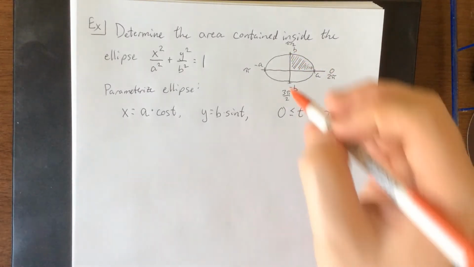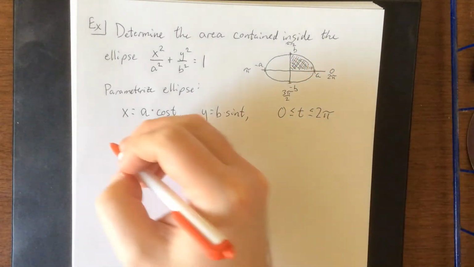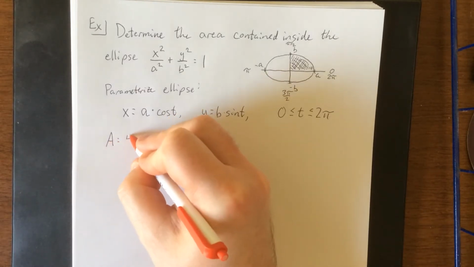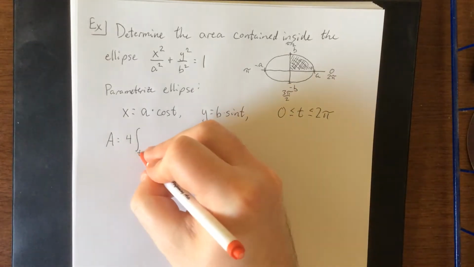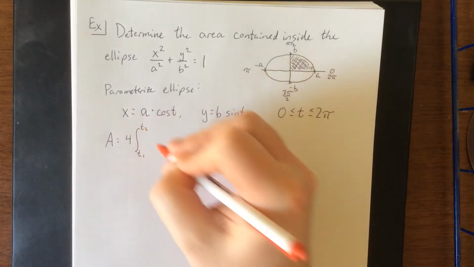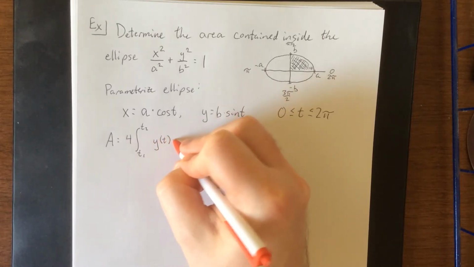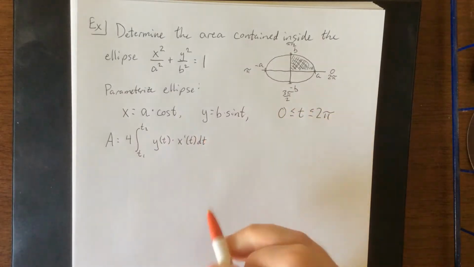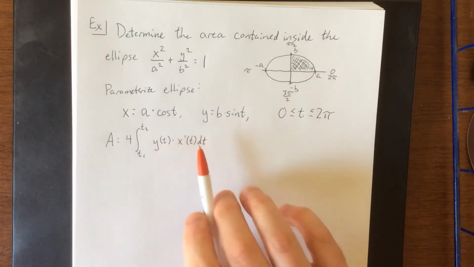So the first way that we're going to set this up is assuming that y is a function of x. So what we're going to do is say that the total area is going to be equal to 4 times the definite integral, and we'll just say from t1 to t2 of y of t times x prime of t dt. This was akin in our last video to saying f of x times dx.